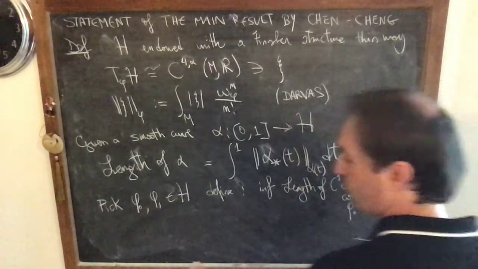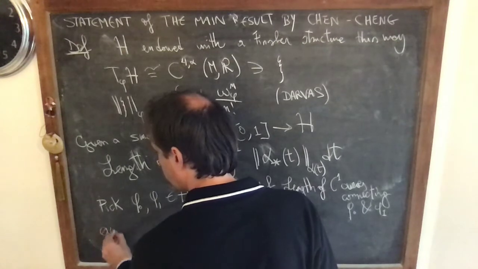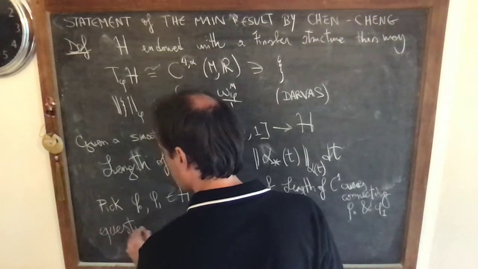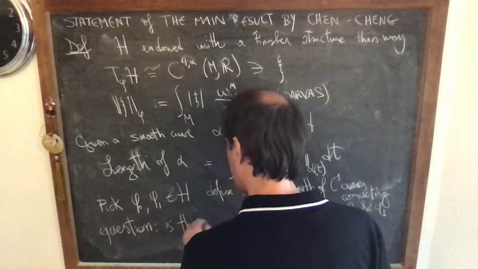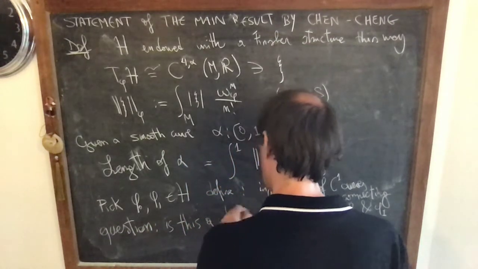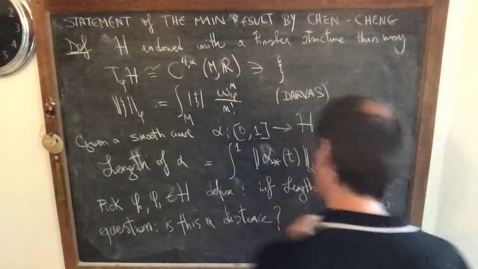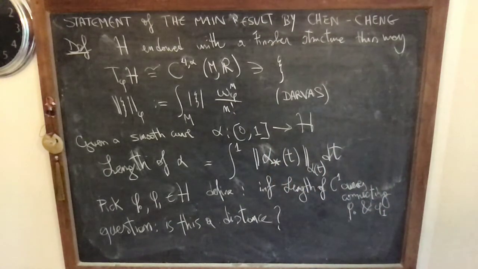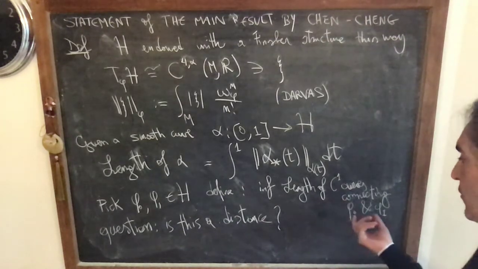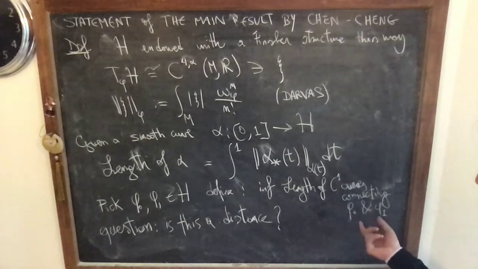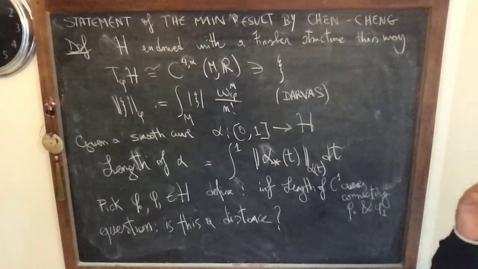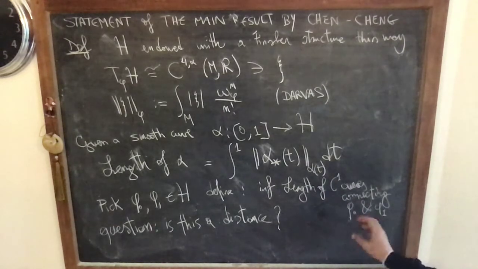And the question is, is this a distance? Actually, the symmetry of this definition is easy to prove, as well as the triangle inequality.